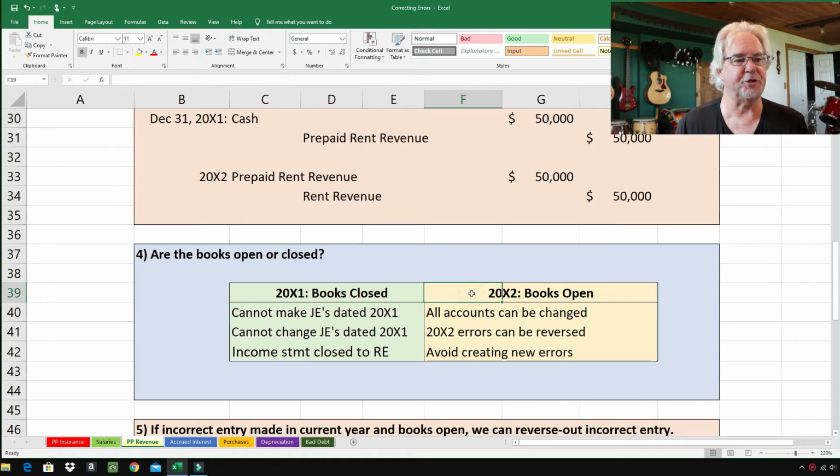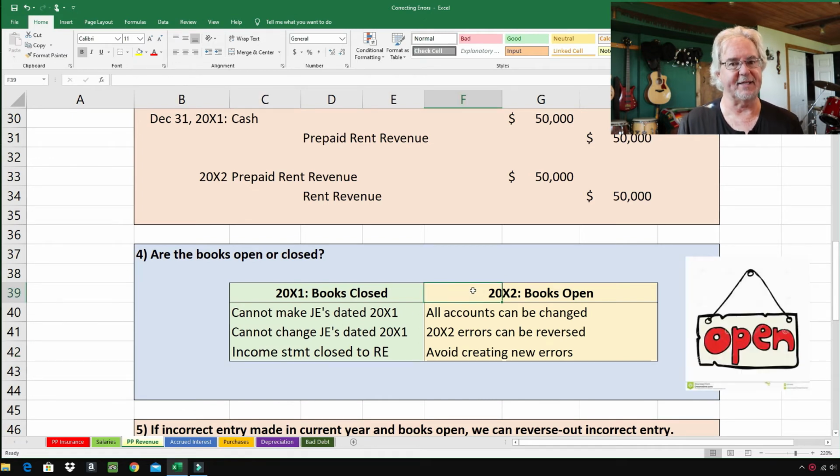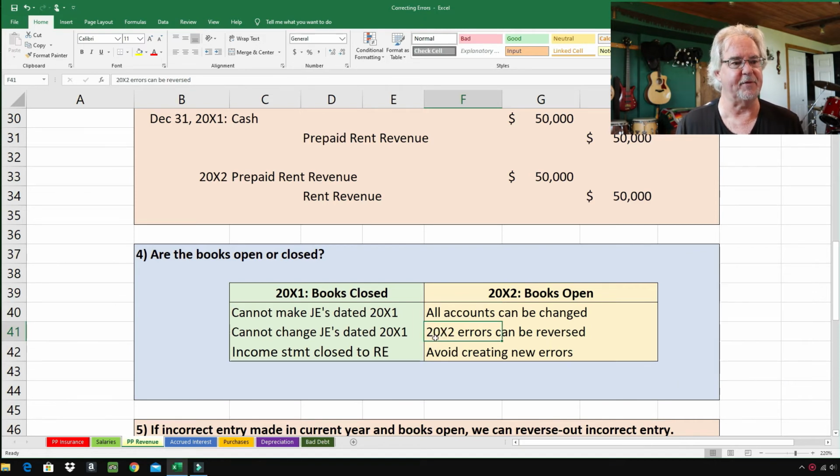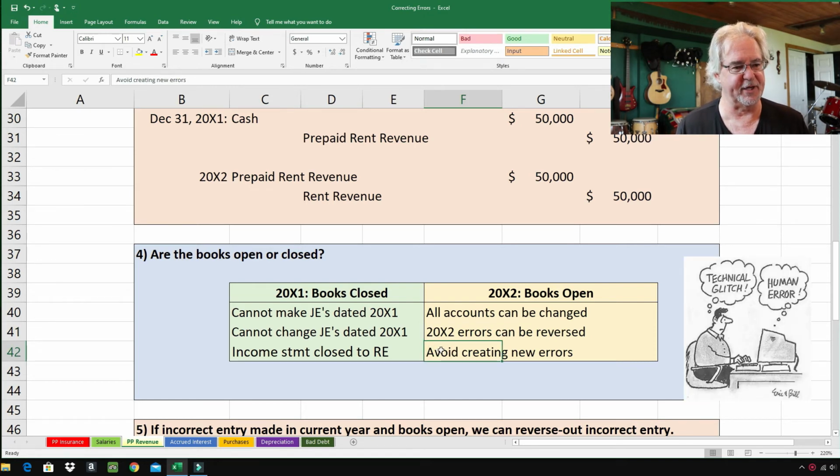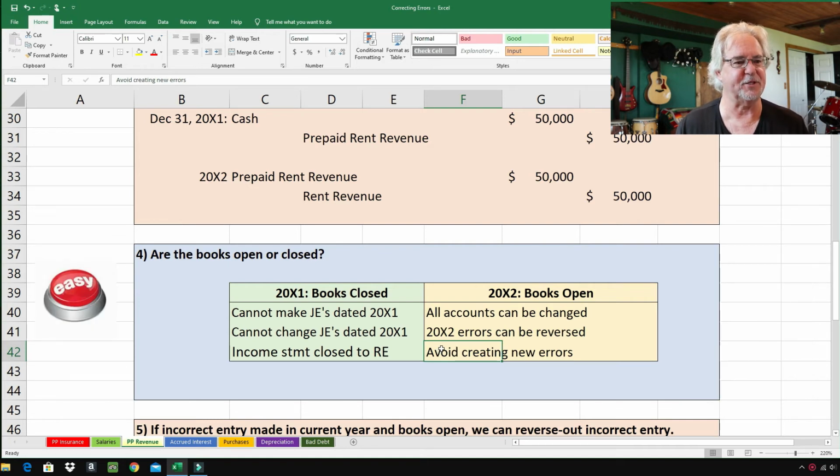But in 2002, the books are open, which is a good thing because that gives us a lot of flexibility to fix things. All the accounts in 2002 can be changed, and 2002 errors can be reversed out, and that makes correcting mistakes easy. Avoid creating new errors. It's real easy to think you're correcting the books and you end up making them worse. So you want to be on the lookout for that.